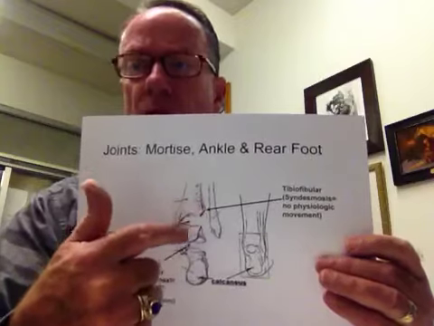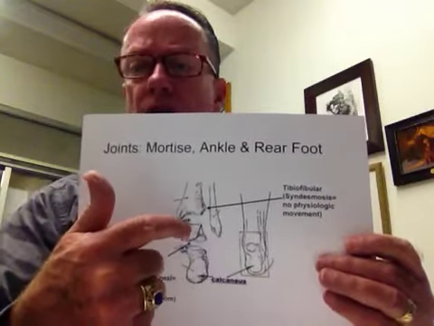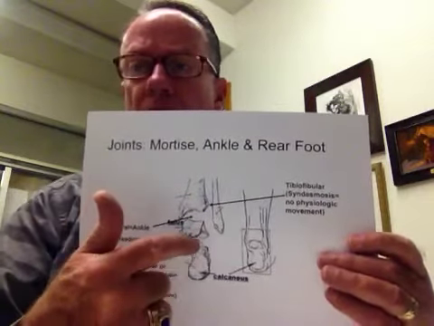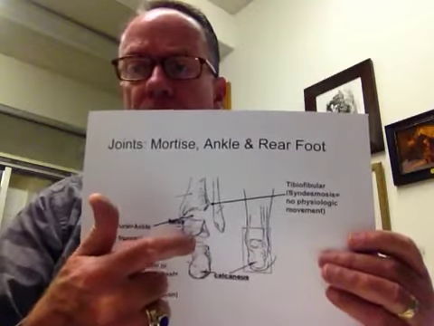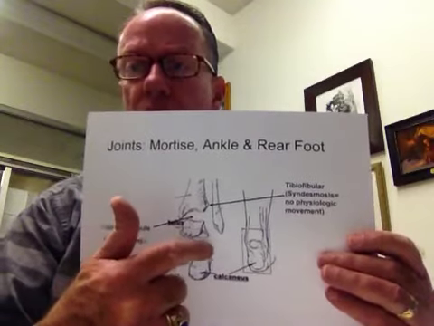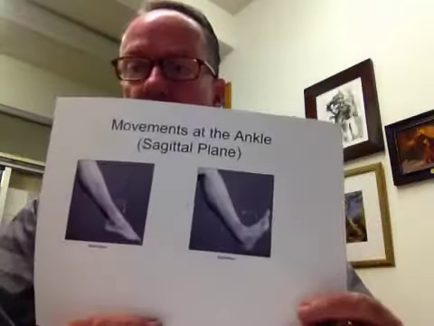So let's come back. The talus fitting in the ankle mortise is the talocrural joint, and then the joint between the talus and the calcaneus is the subtalar joint. Movements of the foot and the ankle in the sagittal plane are dorsiflexion and plantar flexion.